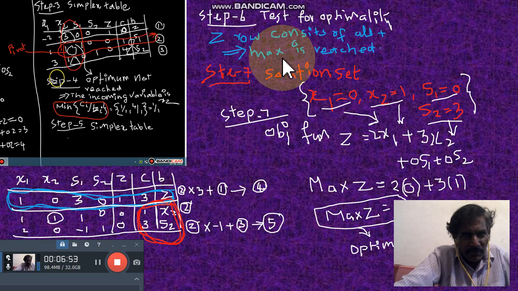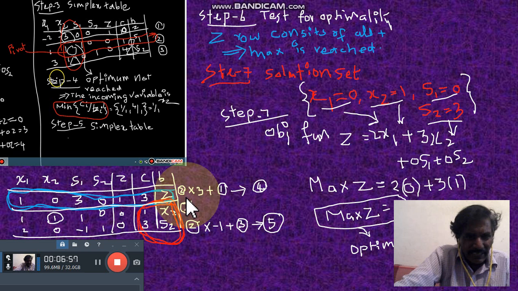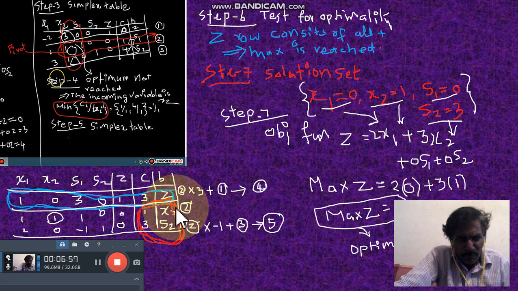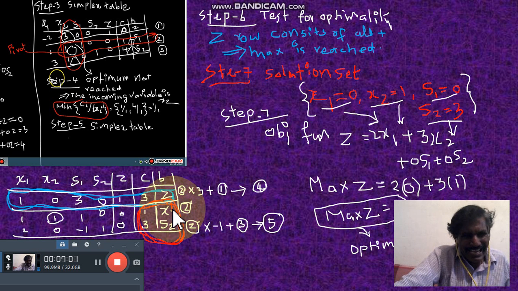Here the maximum optimum is reached. Now the solution set: the variables coming here are the basic variables, and those not coming here are not basic variables. Take for example, x1 is not coming here. It is a non-basic variable. x2 is a basic variable.